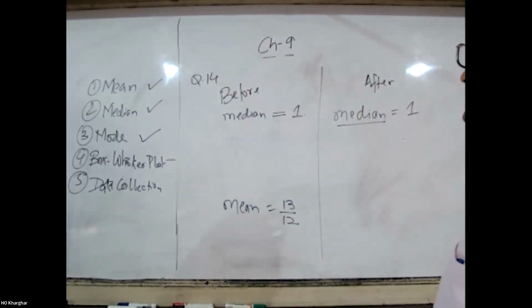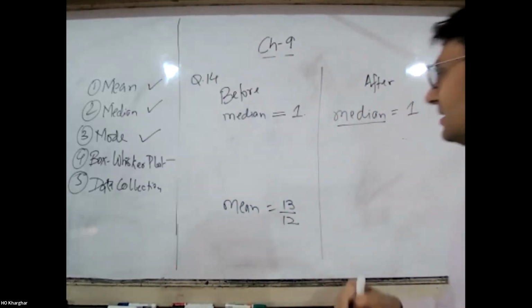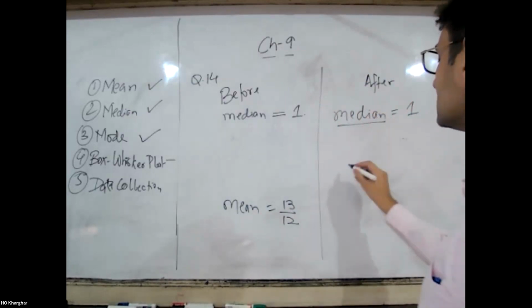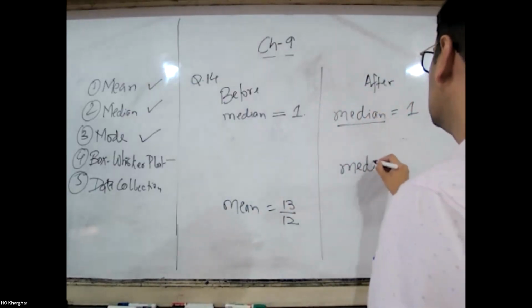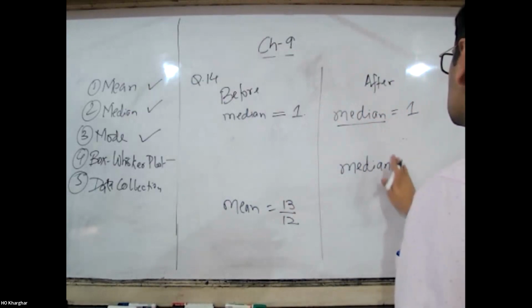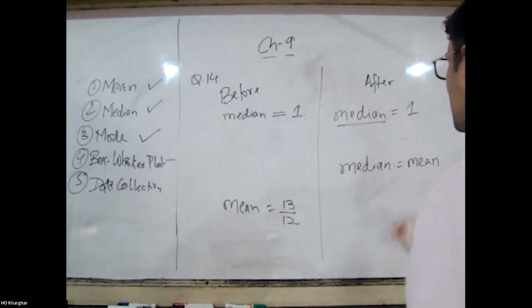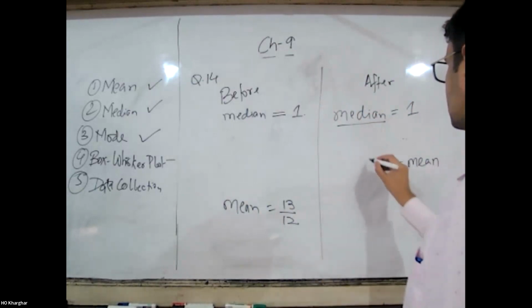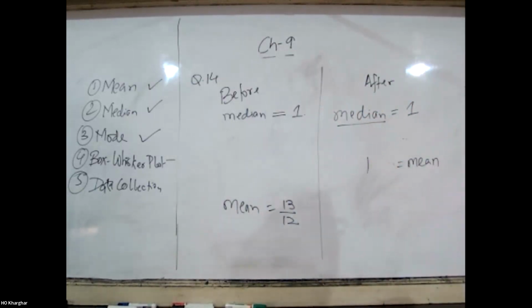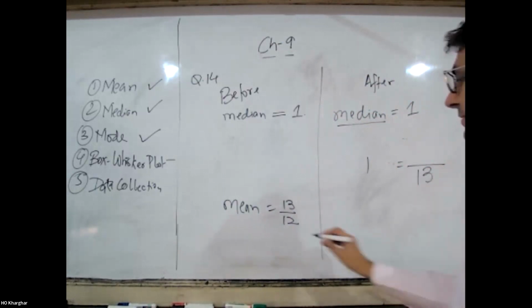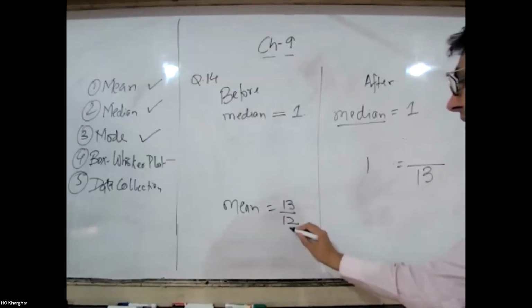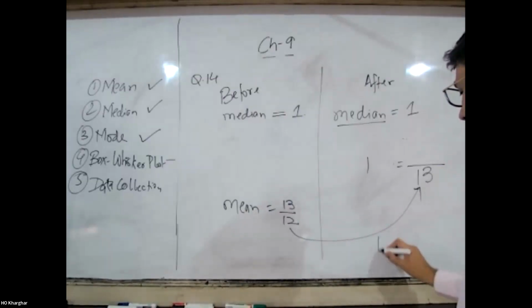The question now says, when this new student joins in, your median becomes equal to mean, which means the new mean is 1. And I know that the total number of students goes from 12 to 13, because there's a new student entering, plus 1.